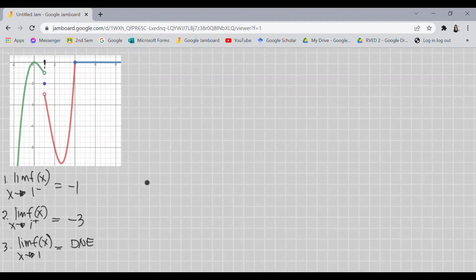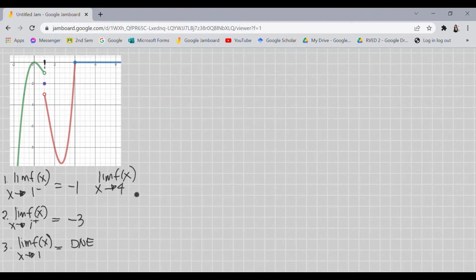They are different values. And as you can see in the graph, hindi sila at least man lang magkadikit. Okay? So the limit does not exist for this question.